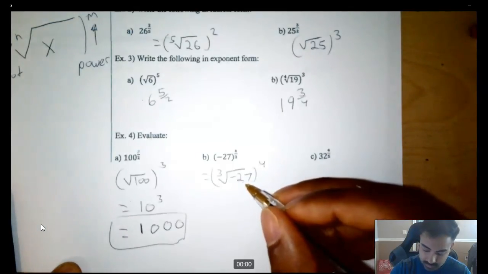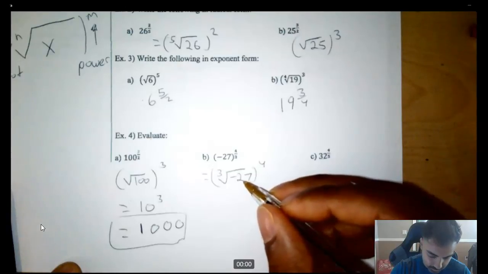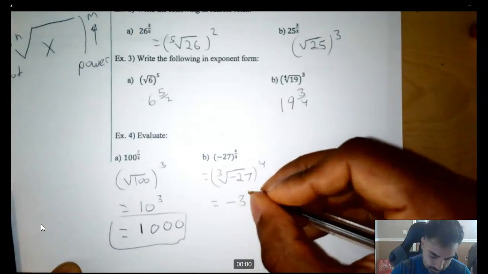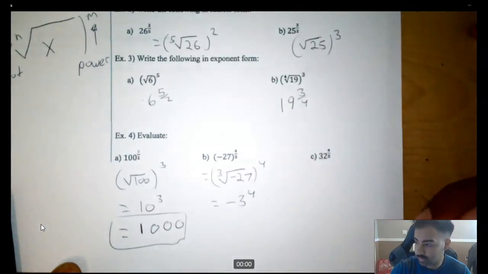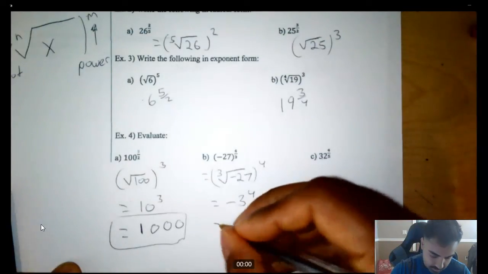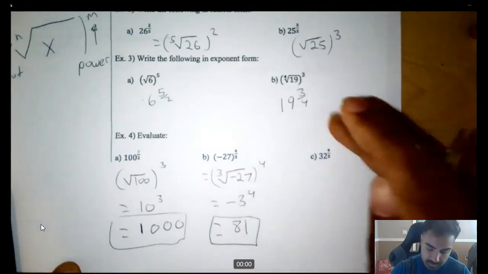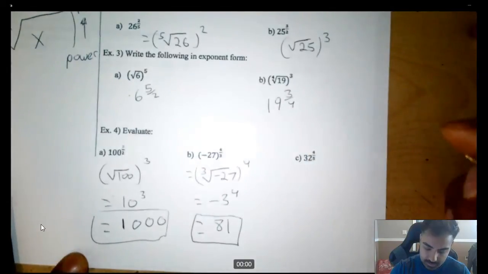Negative 3 times negative 3 times negative 3. So it'll be negative 3 to the power of 4. And then what's negative 3 to the power of 4? Negative 3 times negative 3 times negative 3 times negative 3 is going to be 81. You could do that part on your calculator, or you could just write it out and do it.